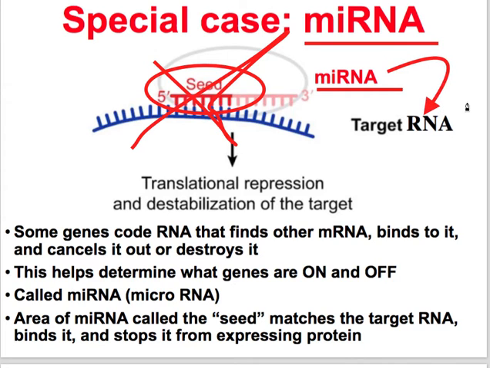So this is a way to turn off RNA, is another piece of RNA. So it's super cool. We use this in research, but your body has tons of microRNAs that have a myriad of functionalities, and the times when they're expressed can determine when other genes are going to be expressed.